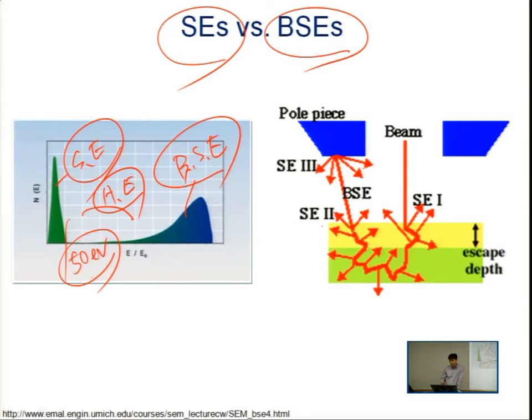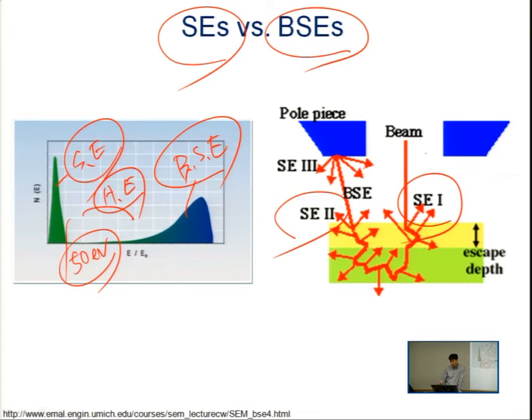Secondary electrons are not only produced from your sample, but also when backscattered electrons come out and hit the lenses, so they can be produced everywhere.